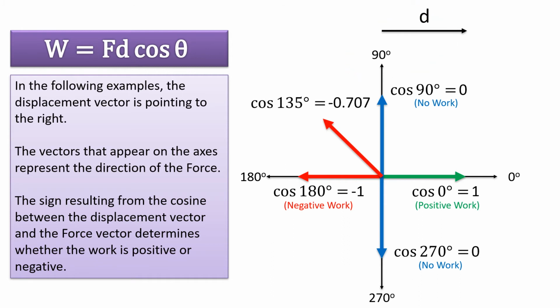So the math tells you, oh, that's negative work happening. It pops out a negative number. And in this quadrant, you could have, let's say, the cosine of 45 degrees. You plug cosine 45 degrees in your calculator, and the component of the force is positive. You get a positive number over there. So that's just an overview of positive and negative work.